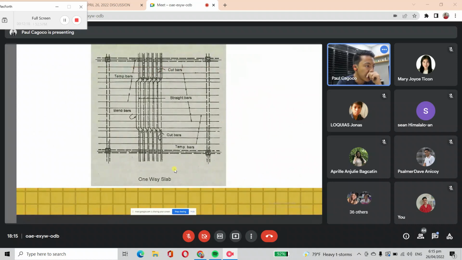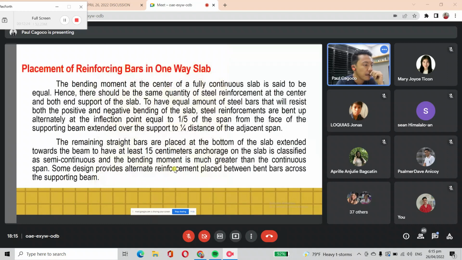Okay? So makita nimo dire ang imong bend bars. Naka-bend siya, that is L over 5 nga portion. Okay, so the remaining straight bars are placed at the bottom of the slab, extended towards the beam to have at least 15 centimeters anchorage on the slab.